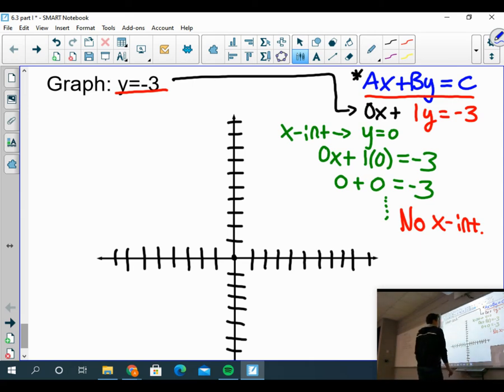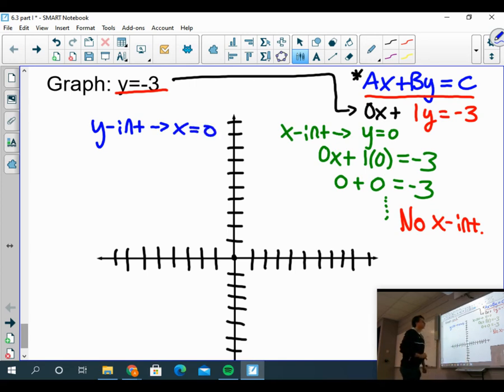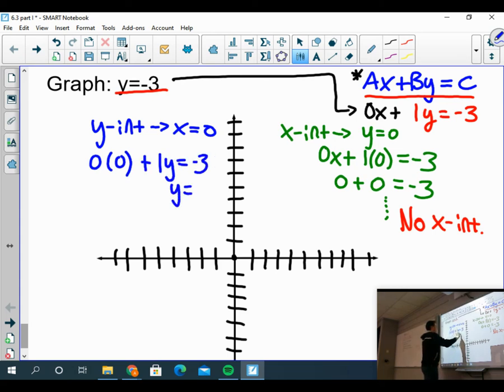Now, is there a y-intercept? Well, we should expect one if we're looking for a horizontal line. And indeed there is. To find the y-intercept, we set x equal to 0. 0 times 0 is just 0, and we are left with y equals negative 3.